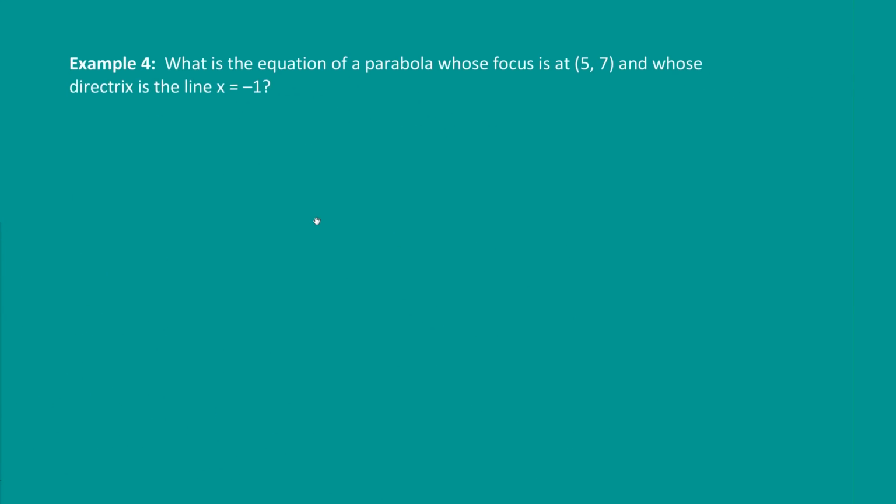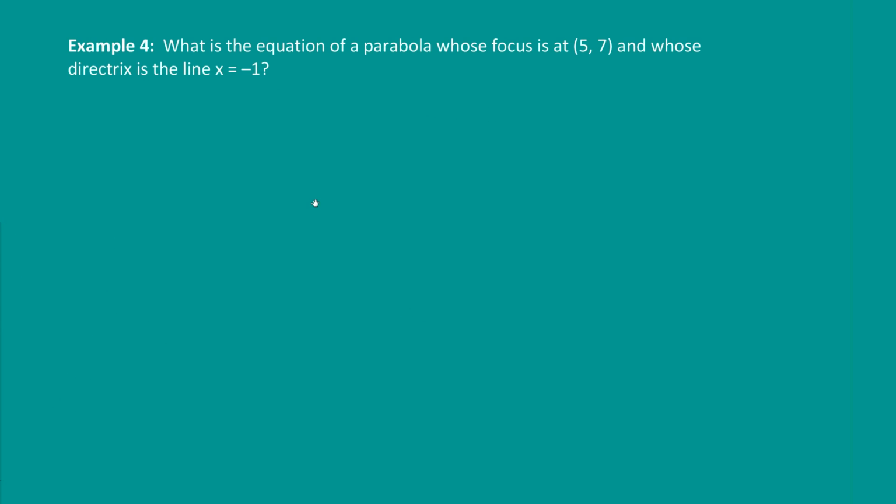Example 4, what is the equation of a parabola whose focus is at 5, 7, and whose directrix is the line x equals -1? So let's just quickly graph this out, just so we kind of get an understanding of what's going on here. So the directrix is the line x equals -1. Well, that's going to be a vertical line, and whose focus is at 5, 7.